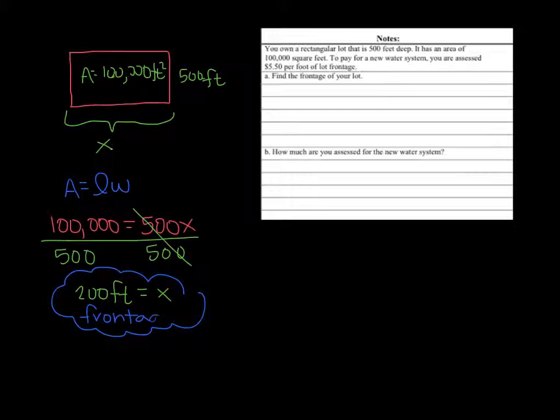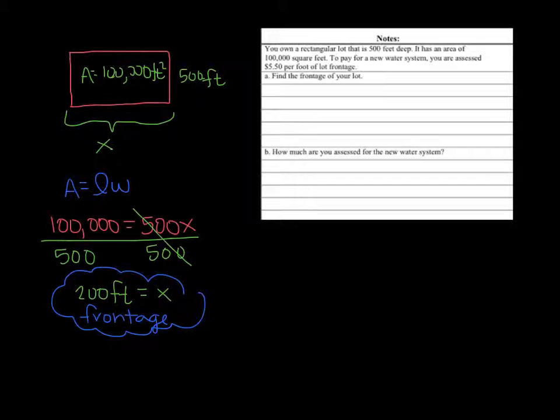And now we're going to go ahead and look at part B. Part B says, how much would you be assessed for the new water system then? Well, if you read this last part of the sentence, it says to pay for that new water system, they charge you $5.50 per foot of frontage. So I just need to use that information and the information that I found to find my new amount.